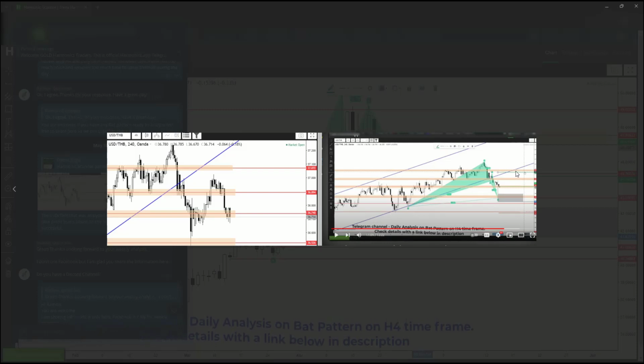You can see the trend line, the blue line here. Then we have horizontal support and resistance levels, and a yellow or orange area, which is the supply and demand zones. Then I moved the stop loss slightly below the support level, and moved the take profit and second take profit to be before the resistance levels visible here.